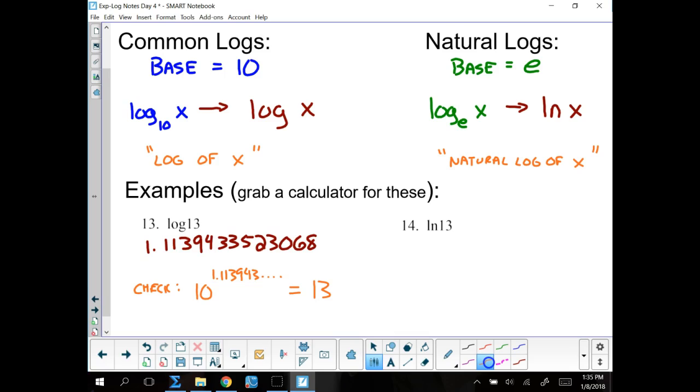And again, that should be a key on your calculator somewhere. When you type in the natural log of 13, I get 2.5649493574615.